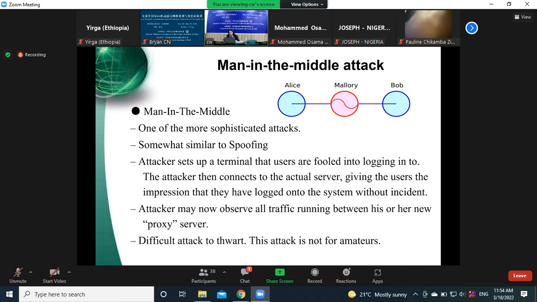So in this way, Alice believed that this public key was from Bob, and so in this way, Alice encrypted her message using this key, and sent the message back to Bob.